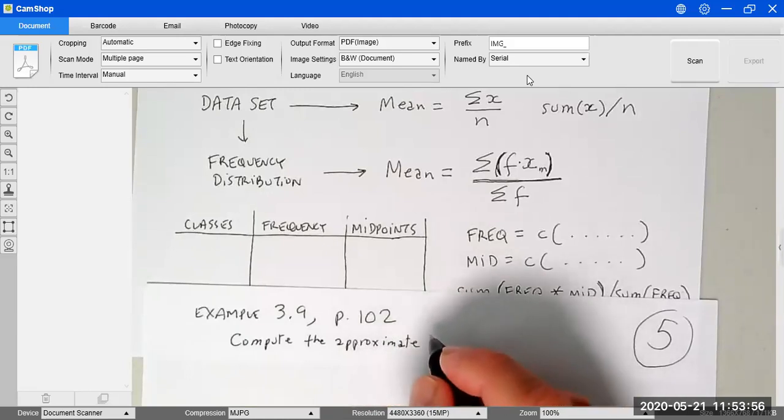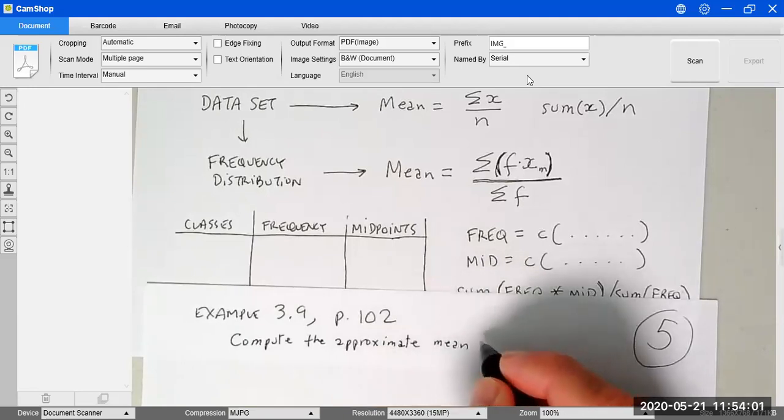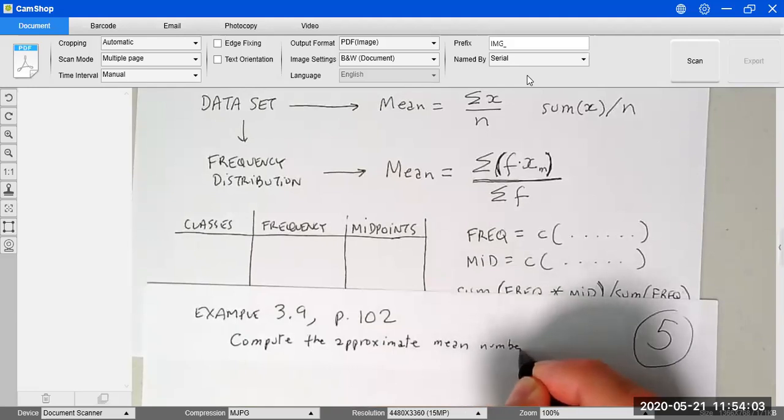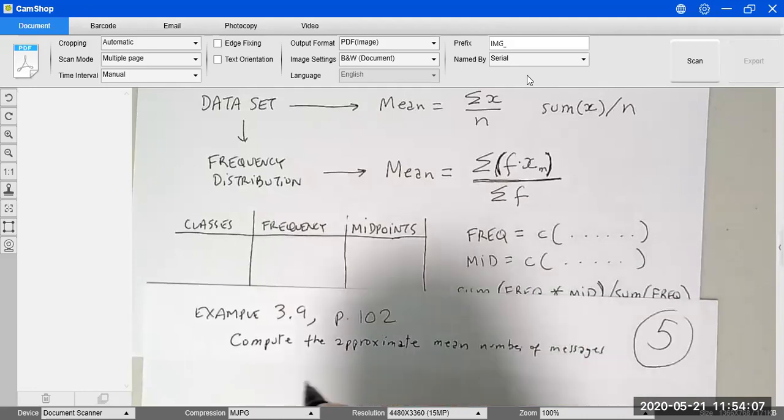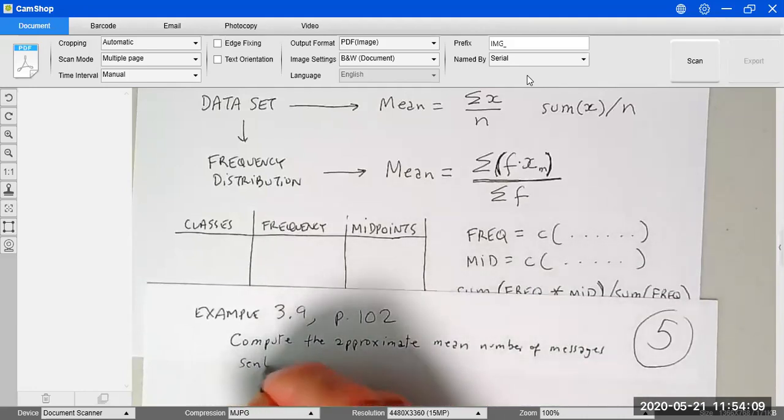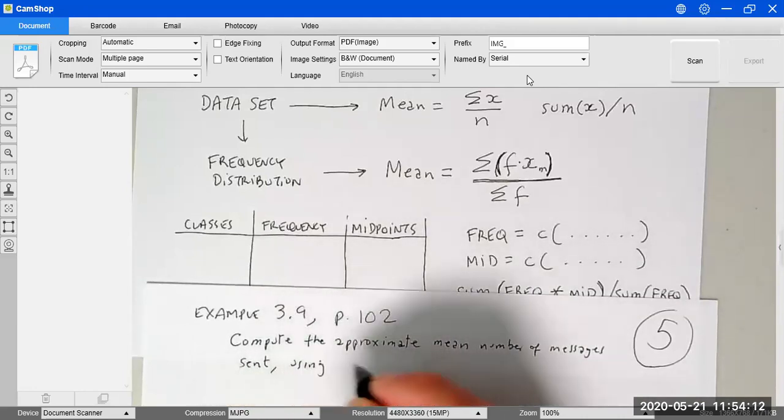So the mean is going to be approximated. The approximate mean number of messages sent using table 3.1.